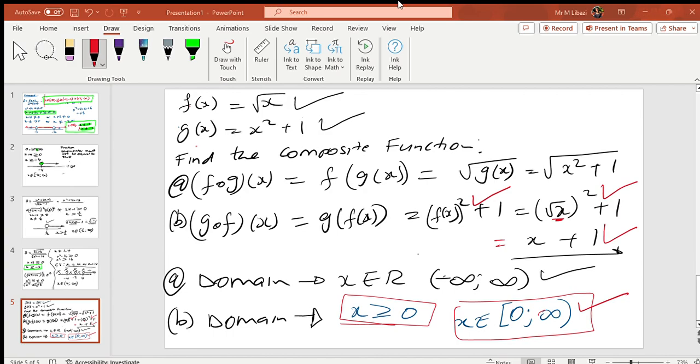If you understood what I said about the domains of a composite function, which you must not simplify, at least you'll now know how to do it.